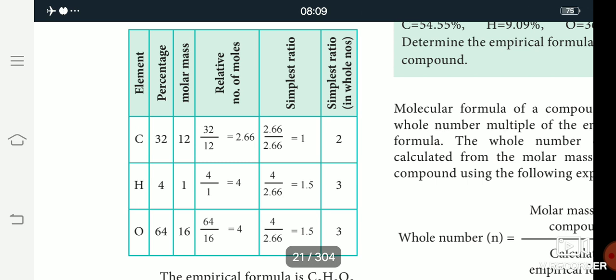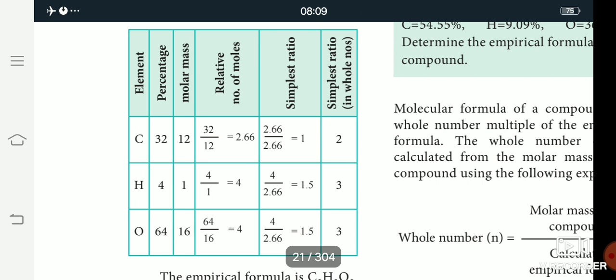So carbon, hydrogen and oxygen are all divided by the smallest number, 2.66. The answer is carbon 1, hydrogen 1.5 and oxygen 1.5.